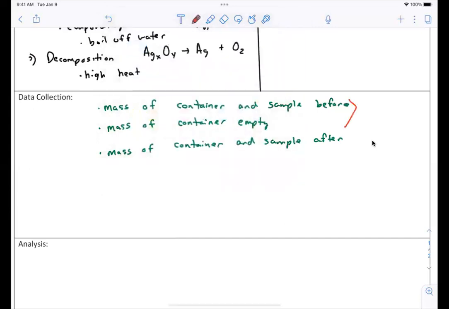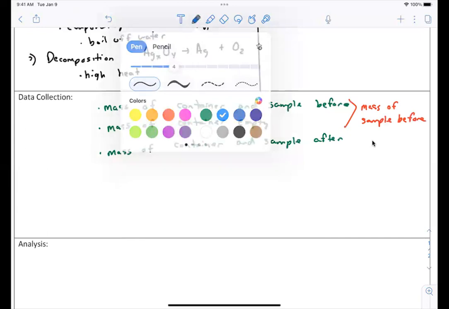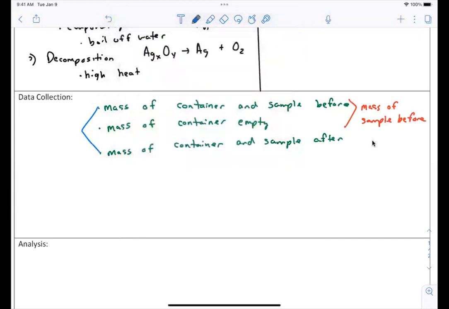Well, these two values get you the mass of the sample before. And these two values, the difference between these is the substance mass gained or lost. Okay, so you're using these values and finding the difference in them to figure out information that you need to have.